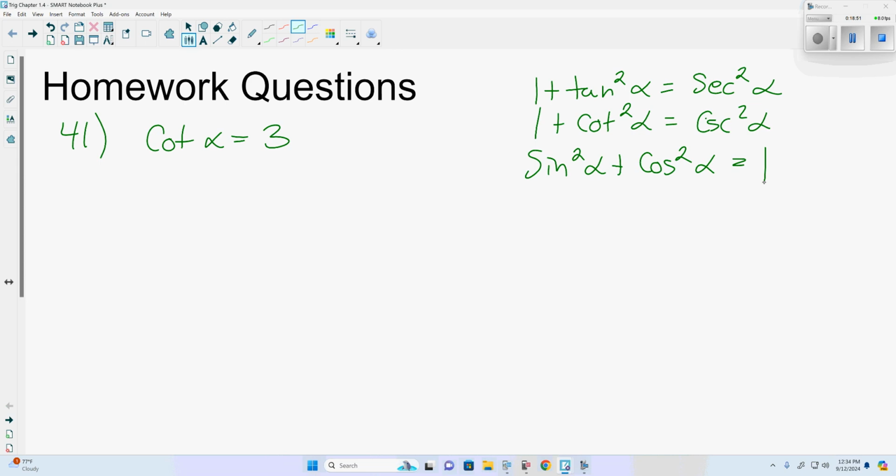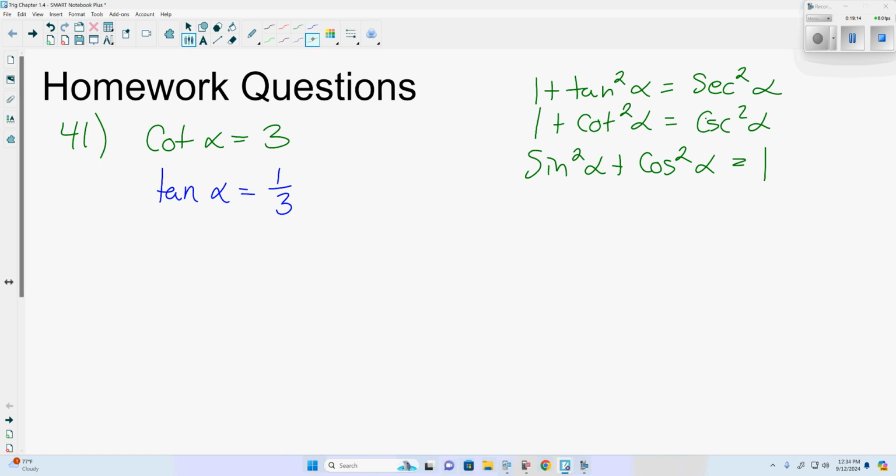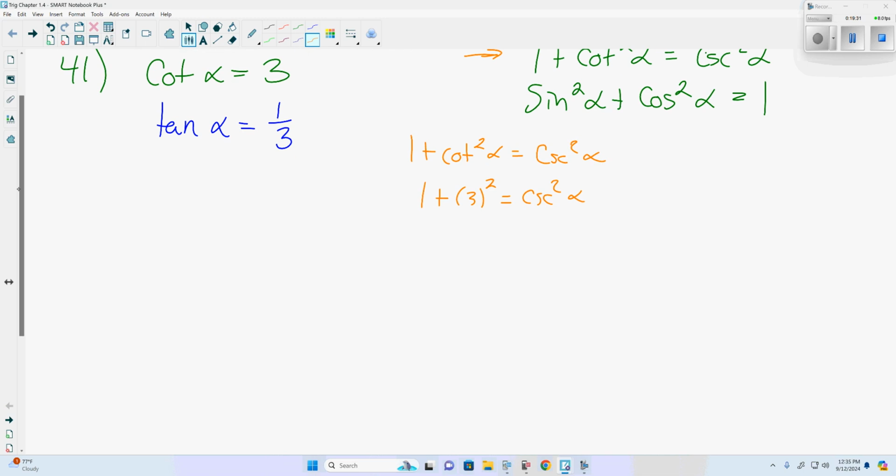Now I'm just going to find all of them because cotangent of alpha equals 3. Tangent of alpha is 1 over 3 because cotangent is equal to 1 over tangent, or the flip. Now if we want to find sine or secant or cosecant, we can go straight from here. So since cotangent's 3, 1 plus cotangent squared is equal to cosecant squared. 1 plus 3 squared is equal to CSC squared.